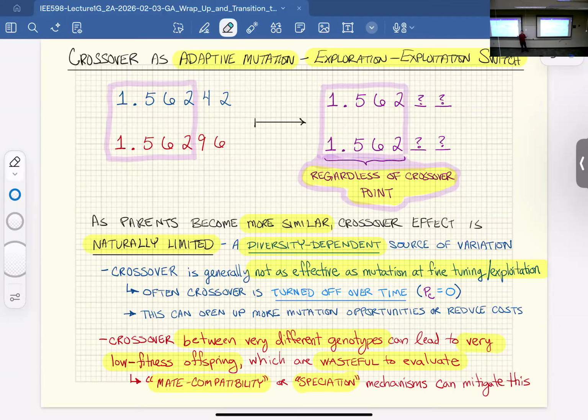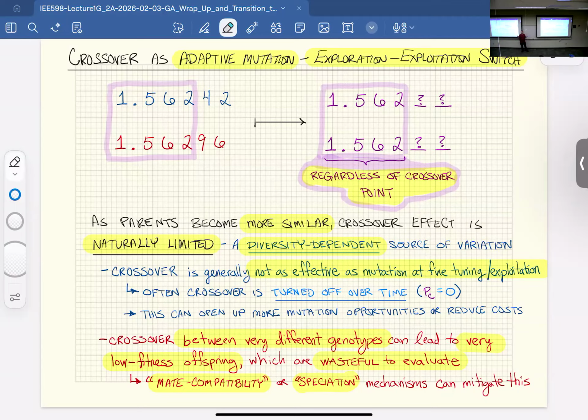Whereas crossover here, these have the same internal representation, so that's more likely to produce something that still works. So that's kind of what we're saying here. You turn it off when the genotypic diversity is really low, but you might also prevent it from happening when the difference is really high.